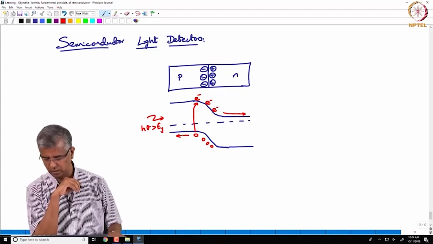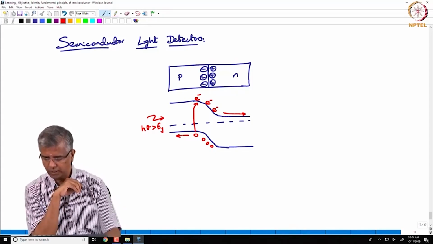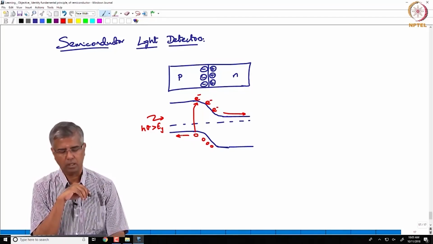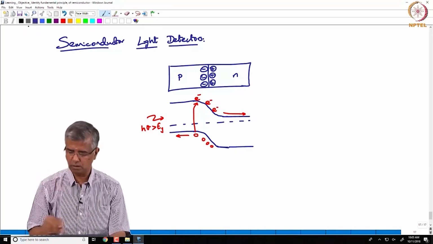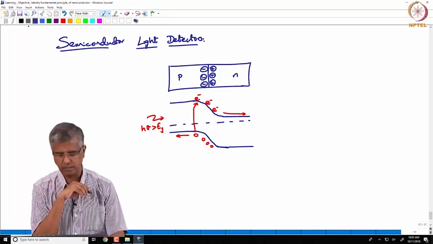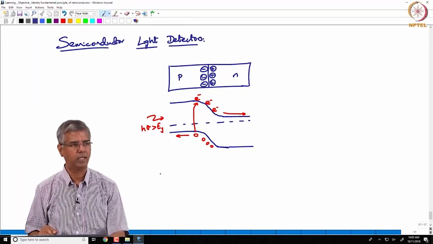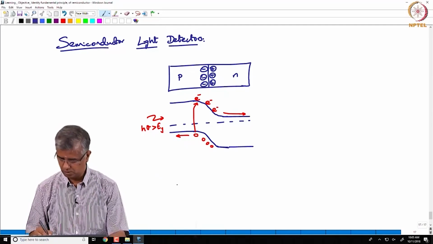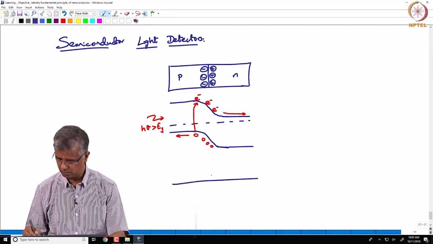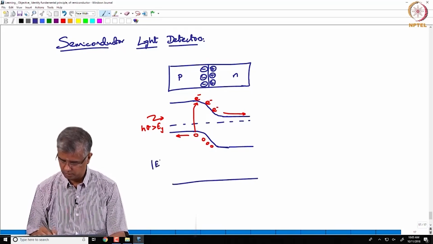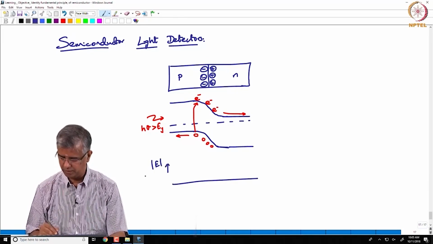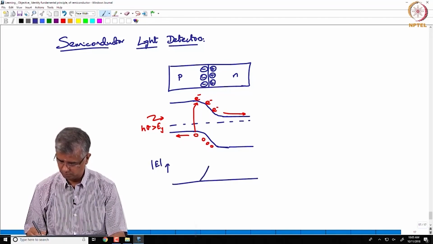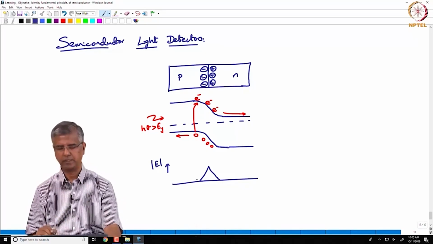Now, as we saw before, the presence of these fixed charges at the junction creates an electric field. When you are looking at the magnitude of the electric field at the junction, you have something like this.